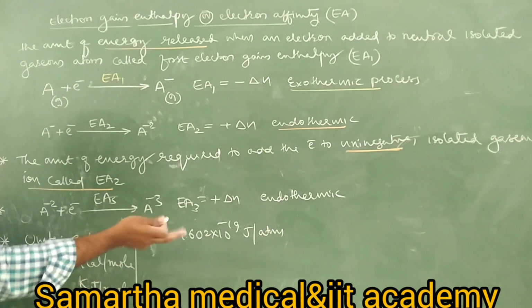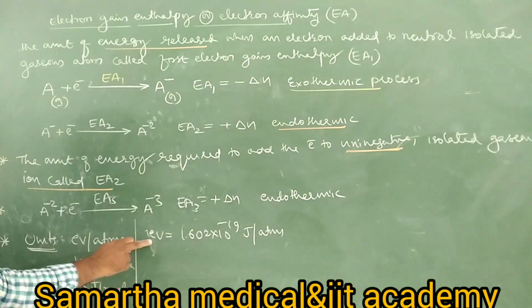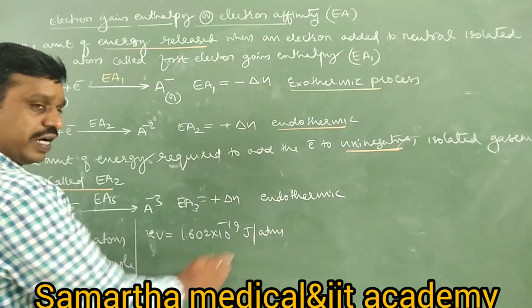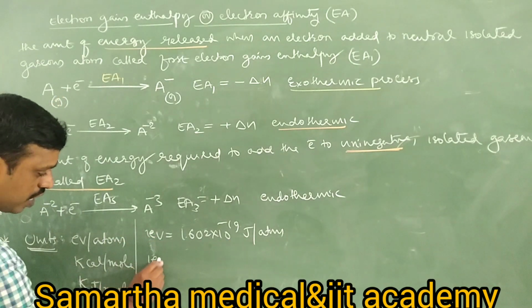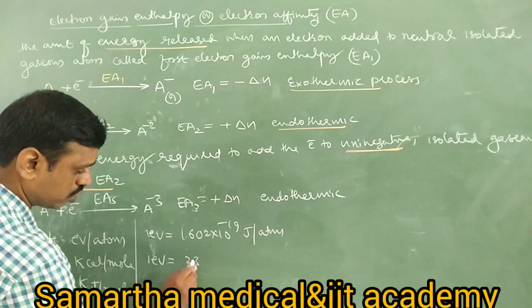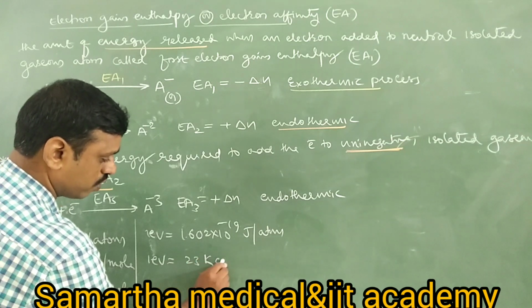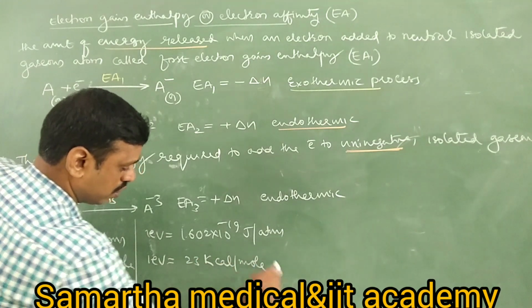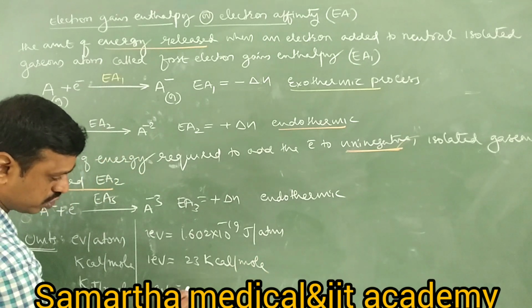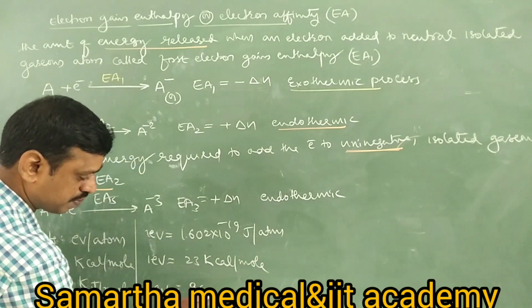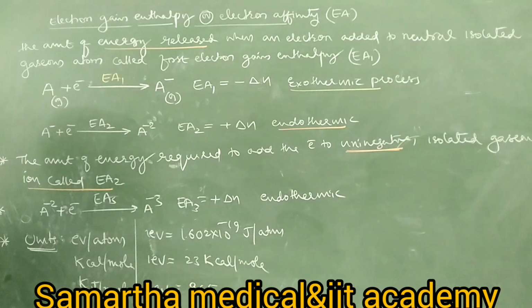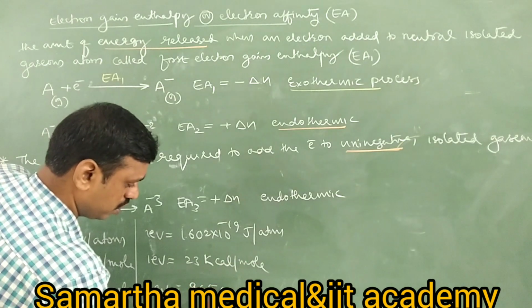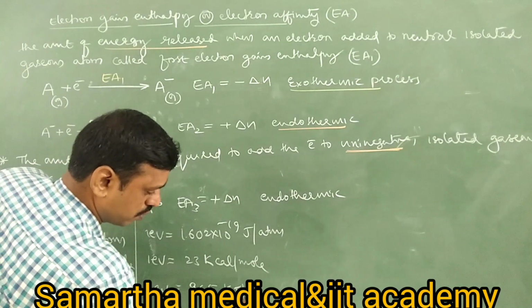Electron volt is always per atom only. Also, 1 electron volt is approximately 23 kilocalories per mole, or 1 electron volt is equal to 96.45, you can take 96.5 approximately, kilojoules per mole.